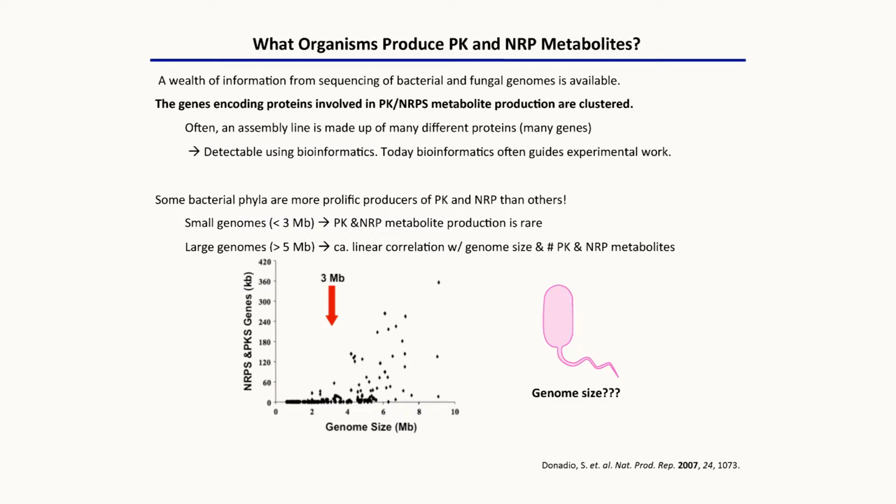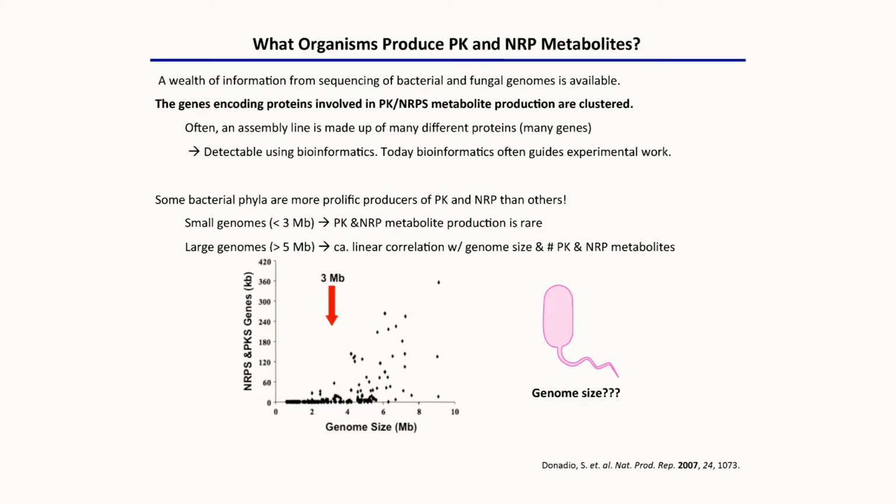You can imagine that you sequence a genome and you have some information about gene clusters. These are groups of genes where the proteins work together to biosynthesize the molecule, and often the genes that encode proteins for these metabolites are clustered. Bioinformatics approaches can help find these.